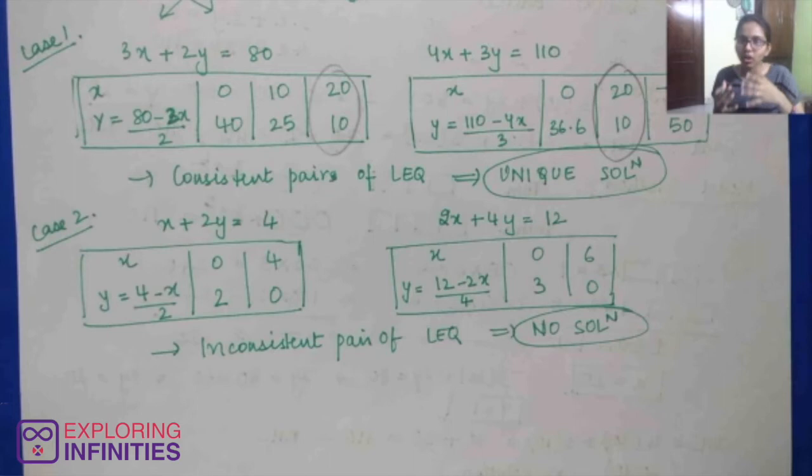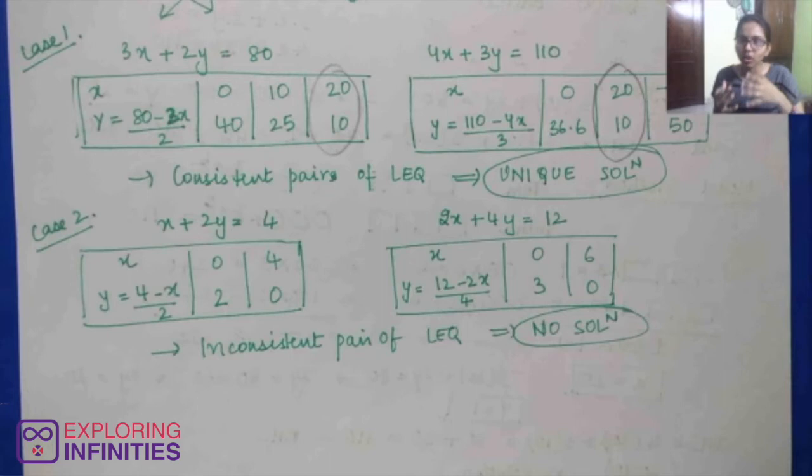So let's see my case 3. I'm now giving a different linear equation. This time my linear equations are 2x plus 3y is equal to 9 and 4x plus 6y is equal to 18. Again, what we do normally, we plot our graph. So I have x and y.